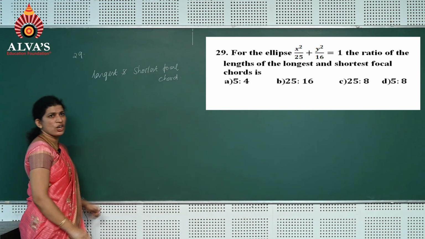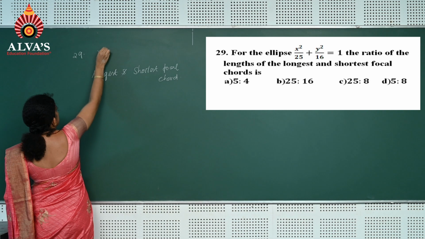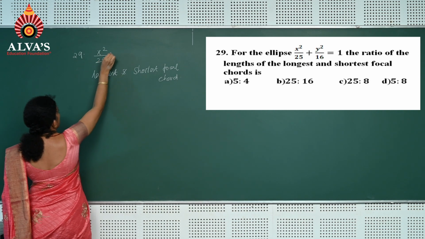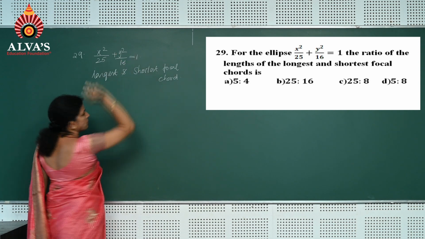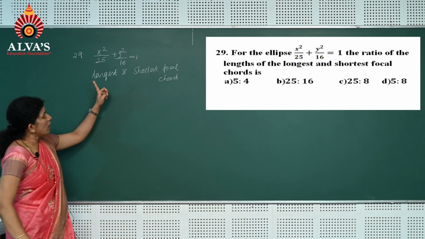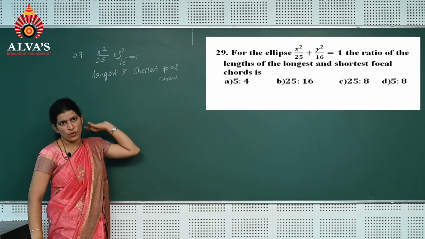The equation of the ellipse is given, that is x square by 25 plus y square by 16 equal to 1. Length of the longest and shortest focal chord we want.